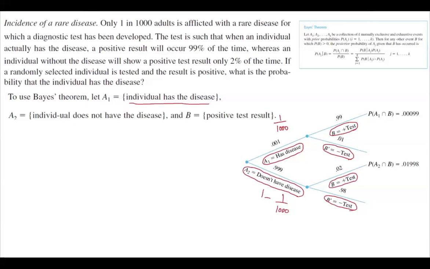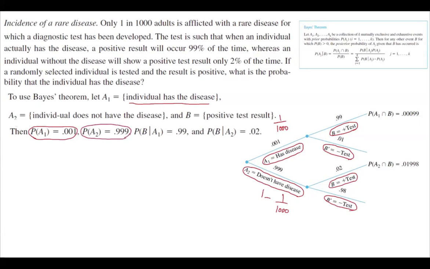So A2, as we mentioned, is the set of individuals who don't have the disease, and B, as we mentioned, is the set of positive test results. Then we know that P of A1, the probability of A1, is 1 out of 1,000, so 0.001, and the probability of A2 is 0.999, 1 minus 1 over 1,000.